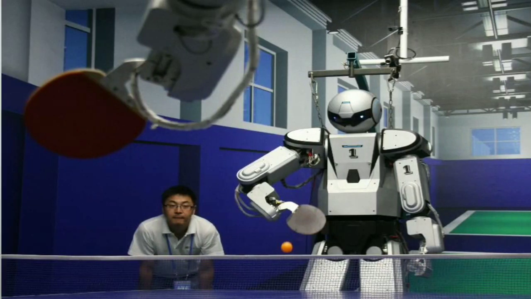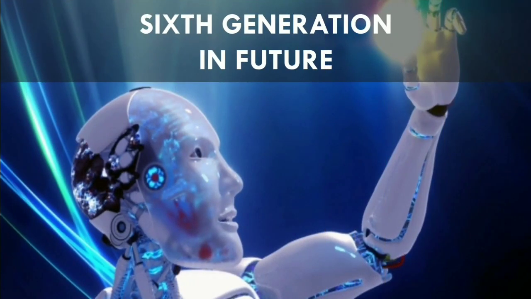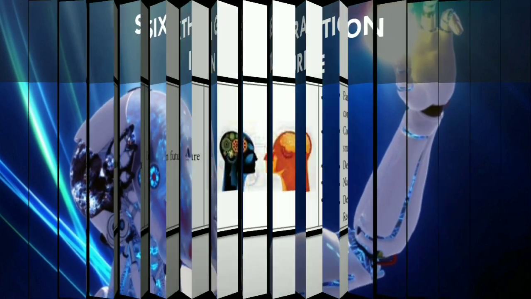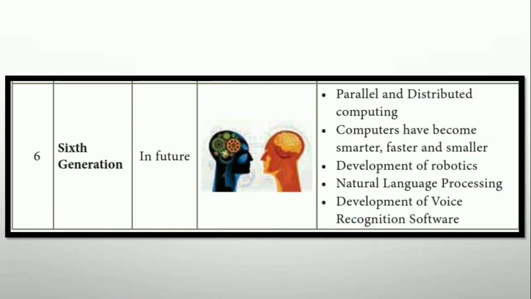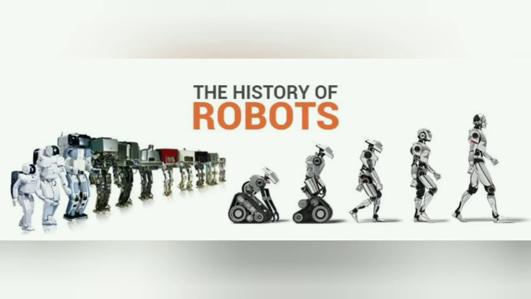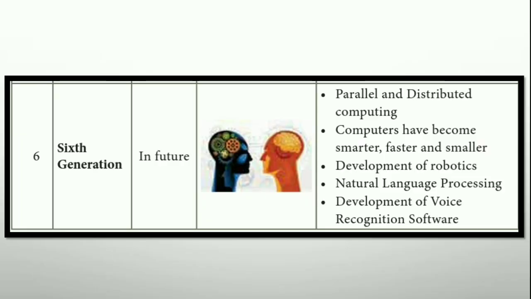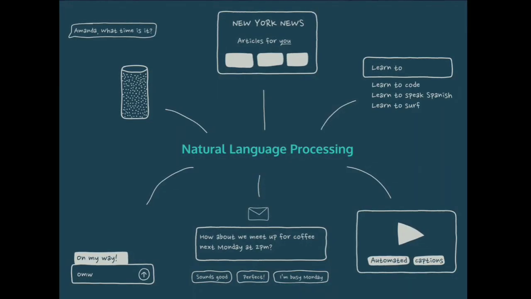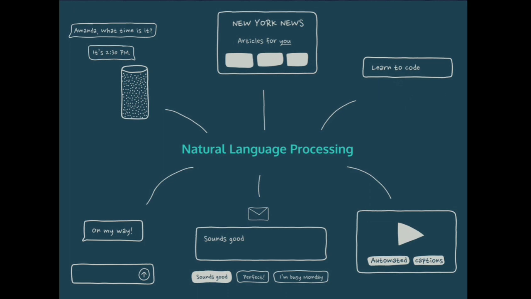An upcoming generation will be the sixth generation, that is in the future. The expectations of sixth generation computing are parallel and distributed computing, development of robotics, natural language processing. Look at the example of natural language processing.